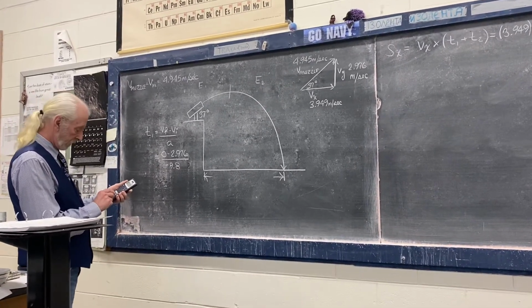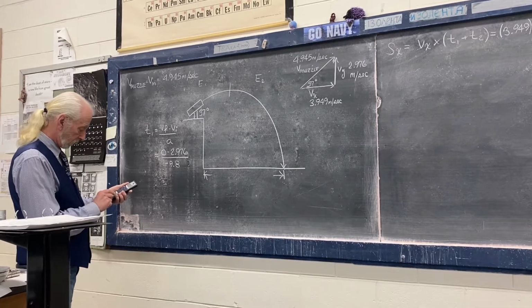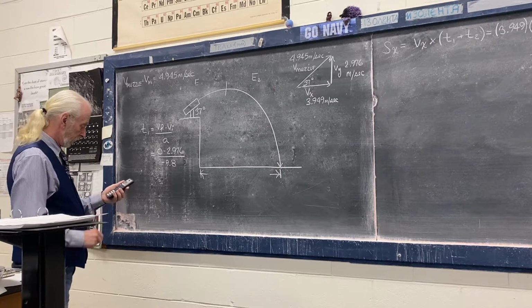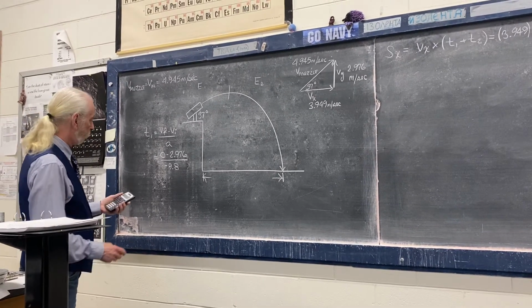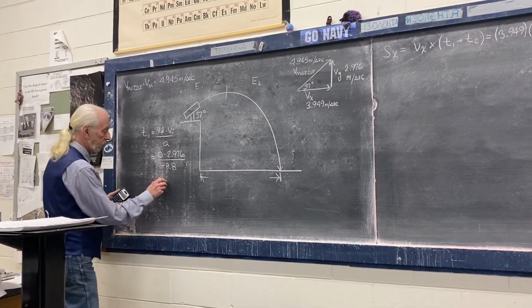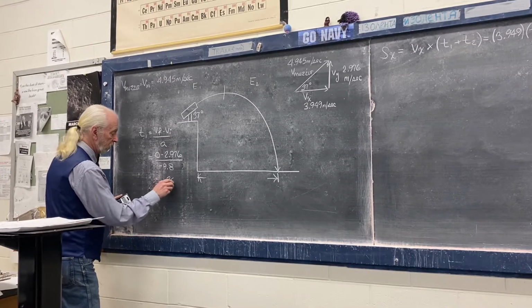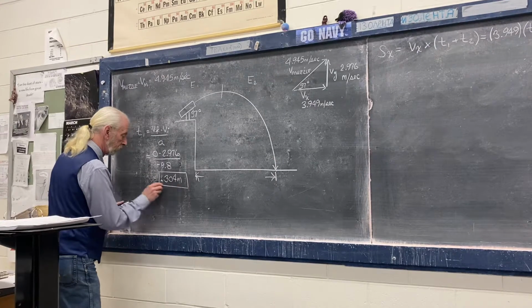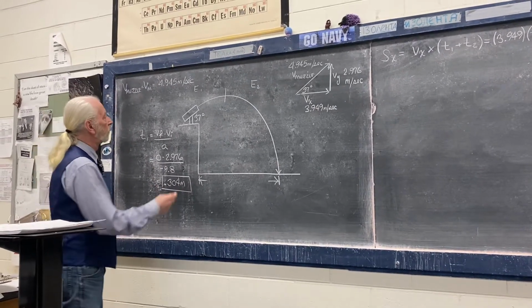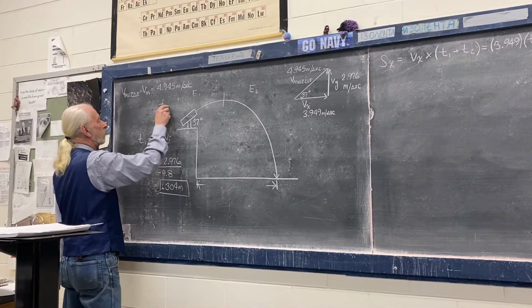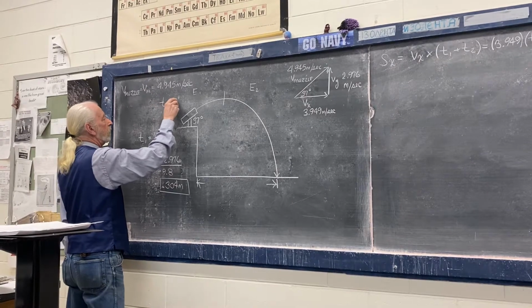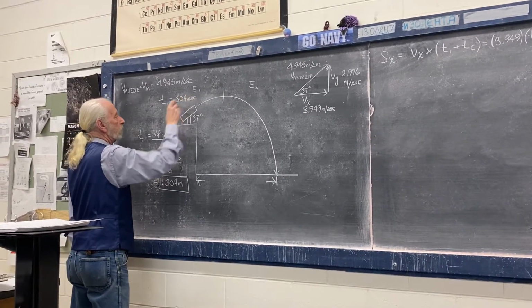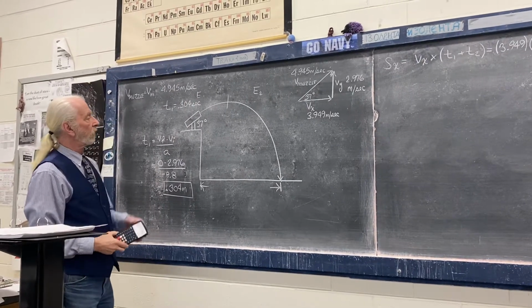So negative 2.976 divided by negative 9.8. I got 0.304. So T1 is 0.304 seconds.